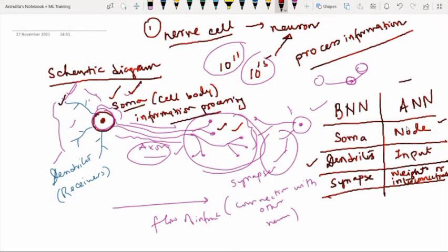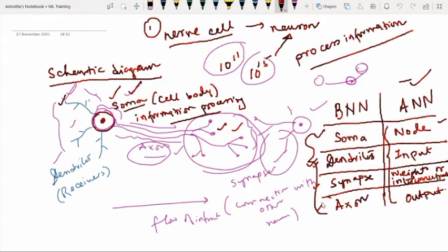How? I will explain. And then the concept of axon is replicated as output. So all these concepts are designed in artificial neural network where the terms are different, but they are designed in order to perform the same kinds of activity that these components perform.